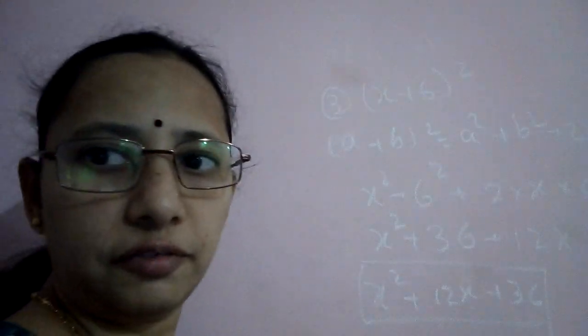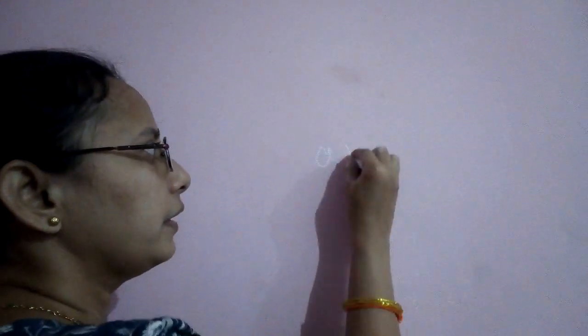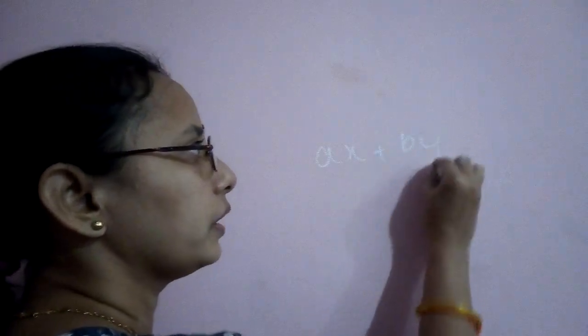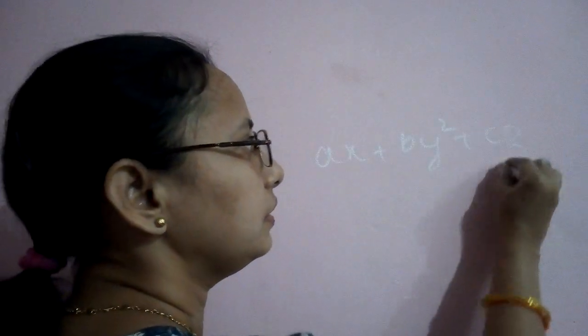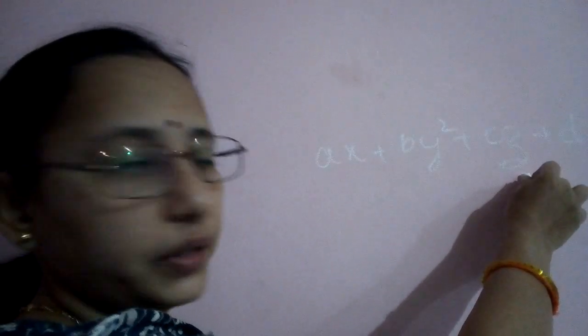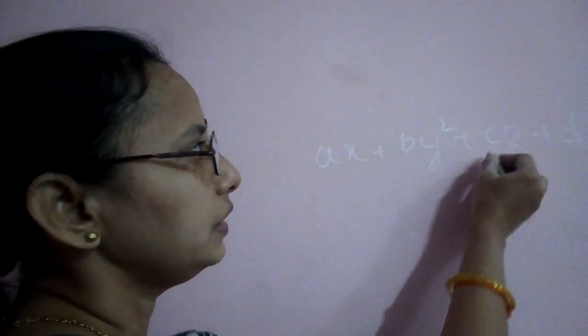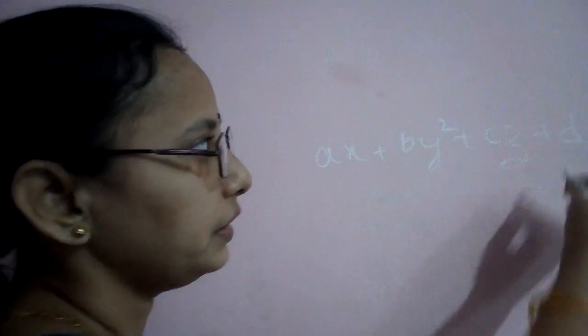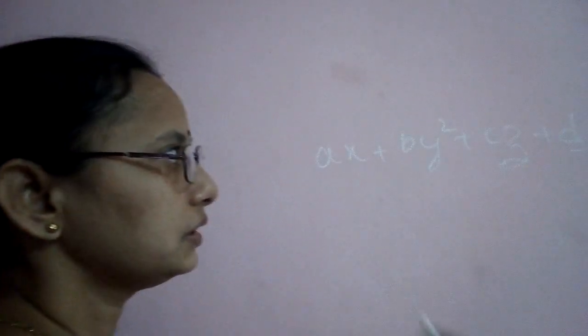This is one kind of equation. Another question we have is how many terms we have in the equation ax plus by square plus cz plus d. Here x, y, z are considered as the variables, a, b, c are the respective coefficients, and d is considered to be the constant for this equation.